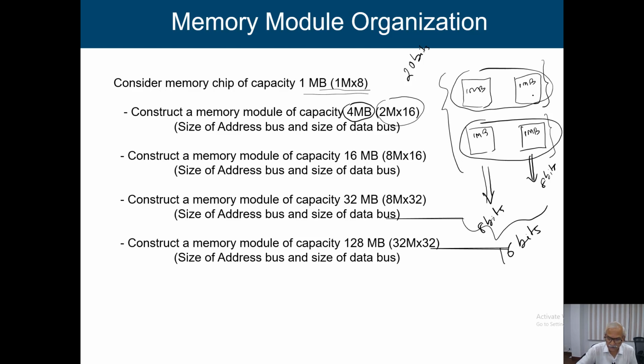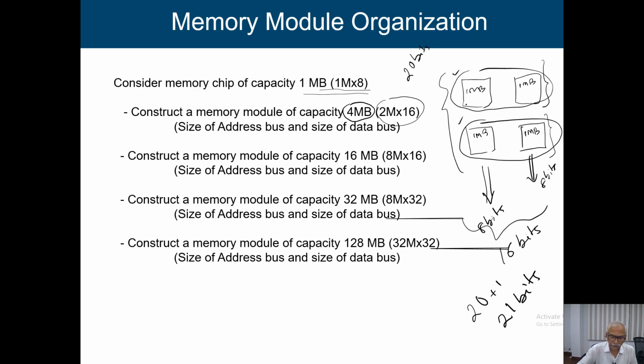When I select one word from these, I am going to get one word or 16 bits from these two memory chips. So I should have one more select line or address line to select either these two memory chips or the other two. So finally the address bus will become 20 plus 1. So this will be 21 bits.